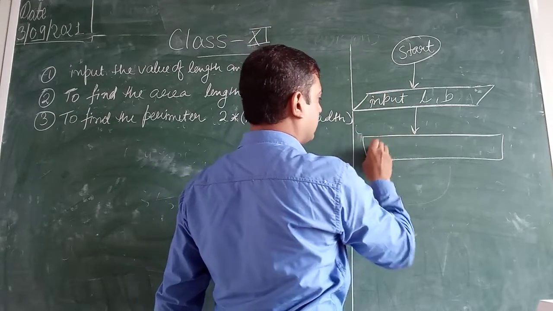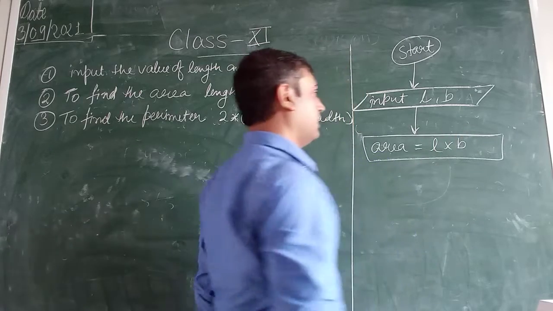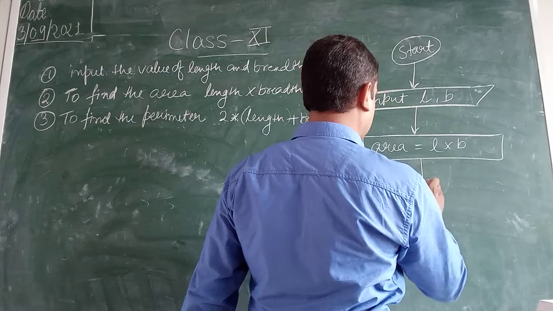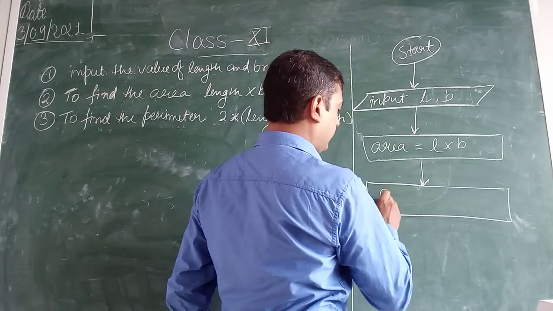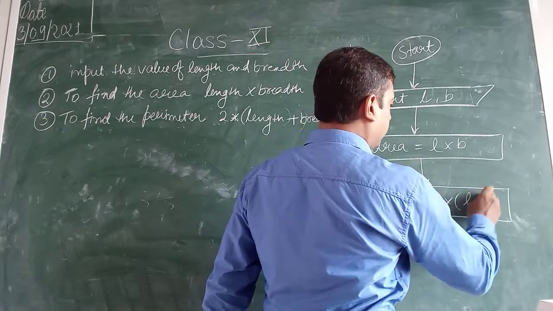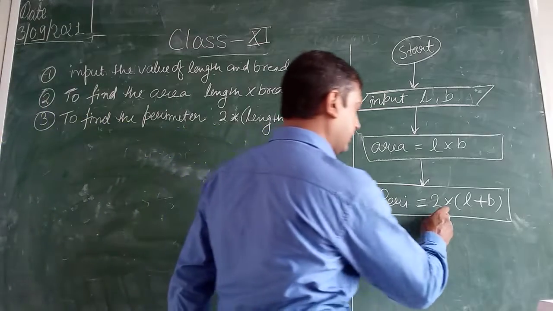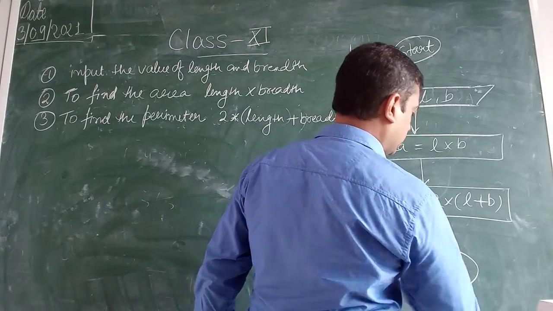This is processing. Area equal to L into B. And second, this is processing. Perimeter is equal to 2 into L plus B. After calculating, you have to stop.